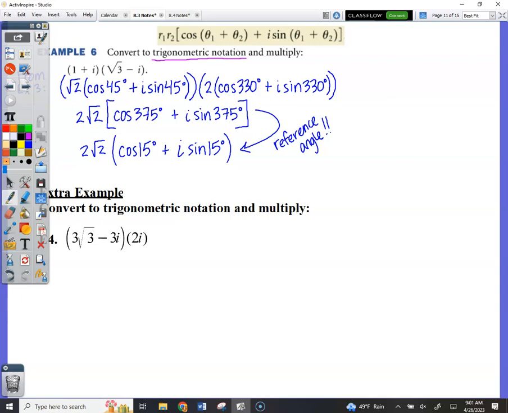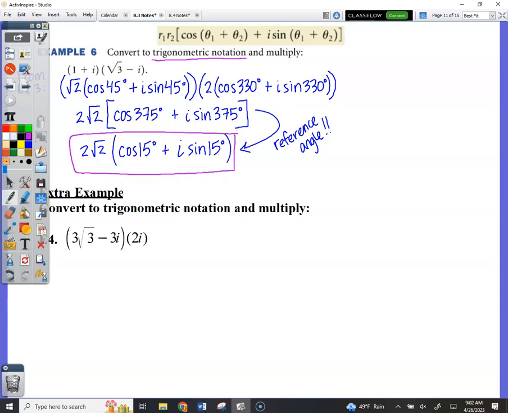So we pulled up the unit circle and said, if you do 360 and then go just a little further to 375, you've just gone an extra 15-degree reference angle, right? So that's where we said this is actually the more simplified form of the answer. And we can't find cosine and sine of 15, so we stop there. We can't put values in because we don't know what they are. So that was the answer.